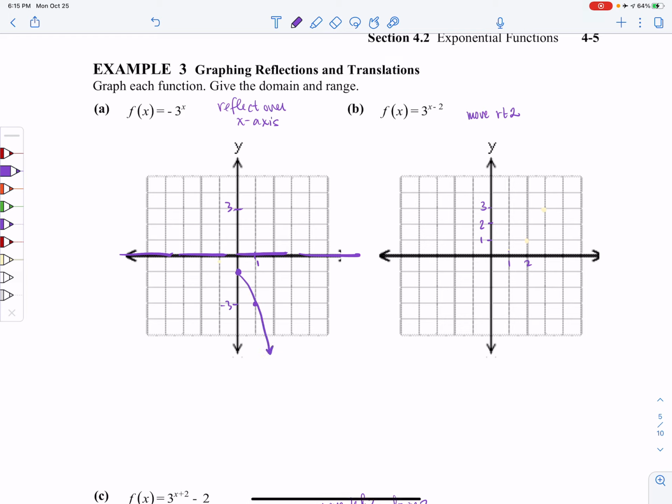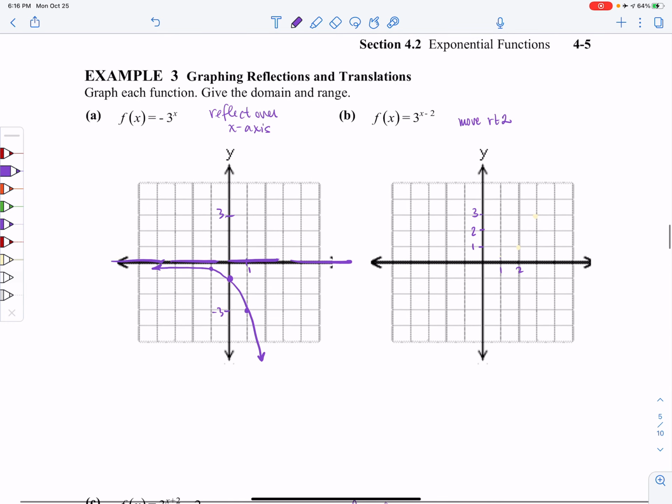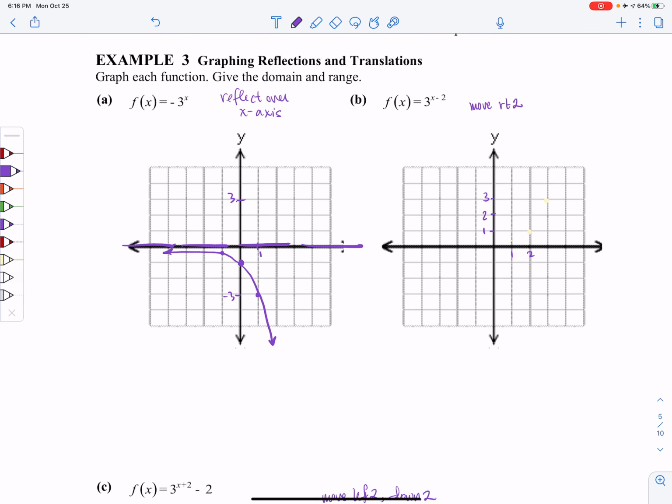And then my -1 reciprocal is going to be the -1, -1/3 there. And so that's going to help me to get close to my asymptote. I do believe that I was asked for domain and range. And so we have a domain of all real numbers. And our range in this case is going to be from -infinity all the way up to 0.